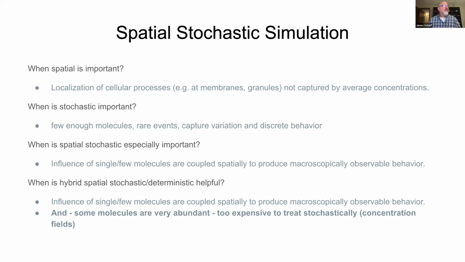And one of the things that we added to SmolDyn when we incorporated VirtualCell is to create a hybrid method. Some of the molecules are treated as fields, using reaction diffusion equations and partial differential equations, and the particles are handled within SmolDyn as particle Brownian dynamics. And just super briefly, the way this is coordinated, both of them are fixed time step methods.